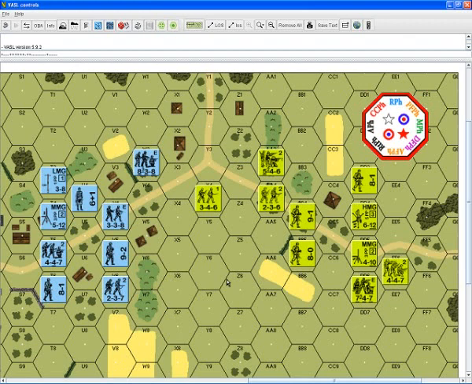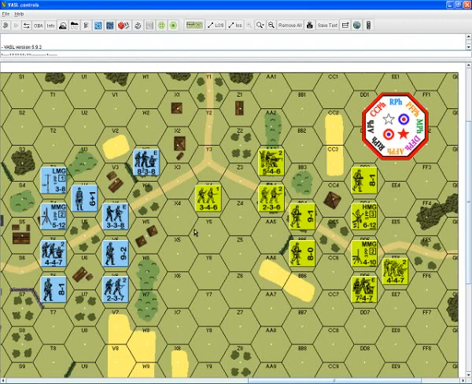So again, we're going to rally, then the attacker is going to prep fire or shoot with his units. Those units that don't shoot can move. During the movement, the defender can then do defensive fire on you.